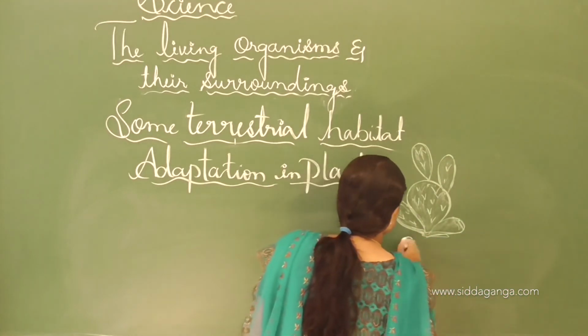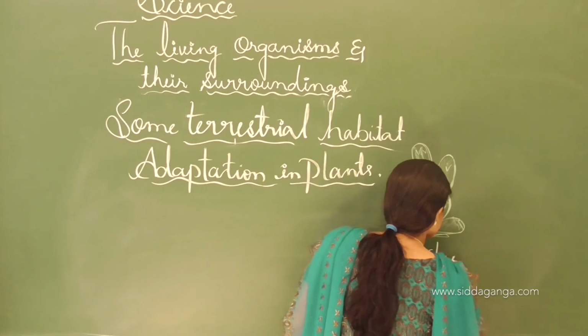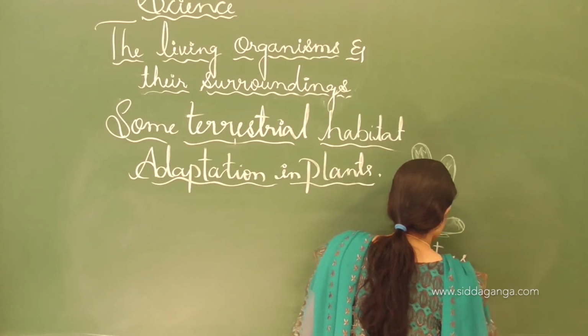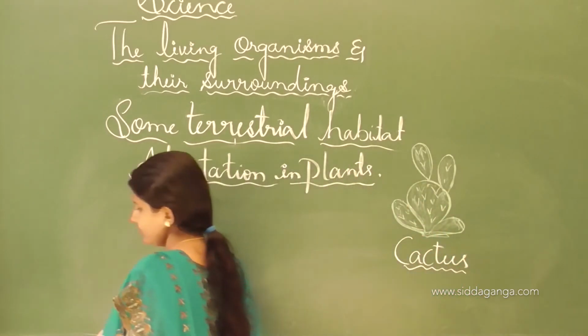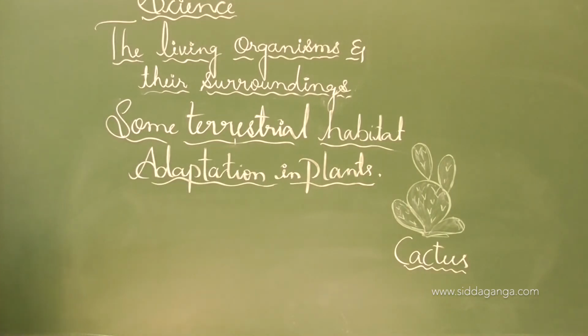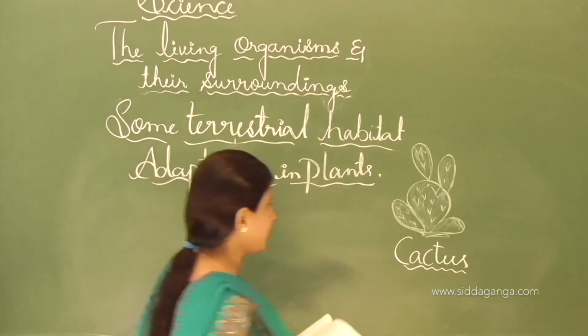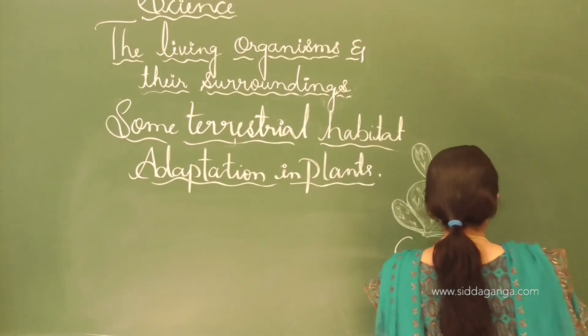See, this is the diagram of a cactus. And many other plants will grow in such a climatic condition.